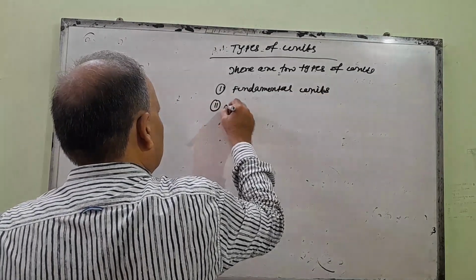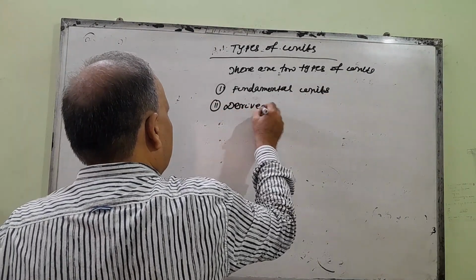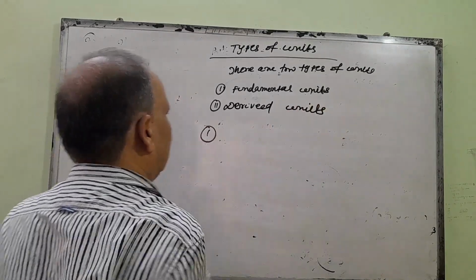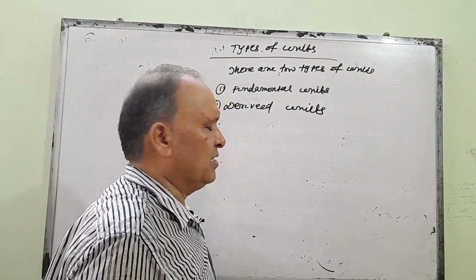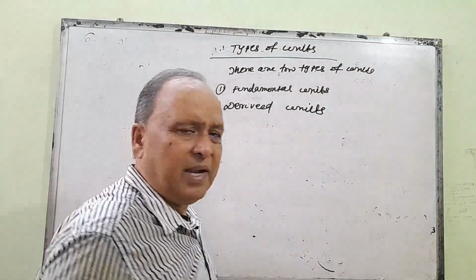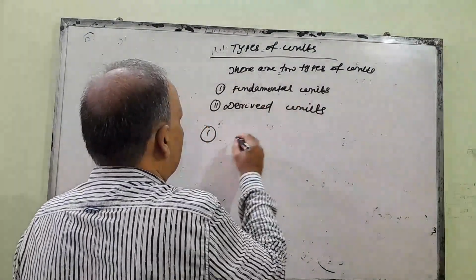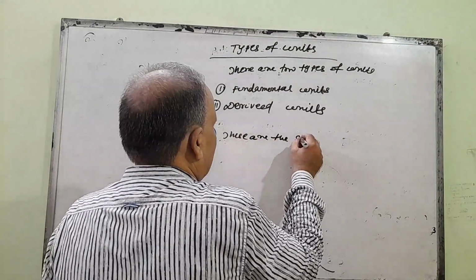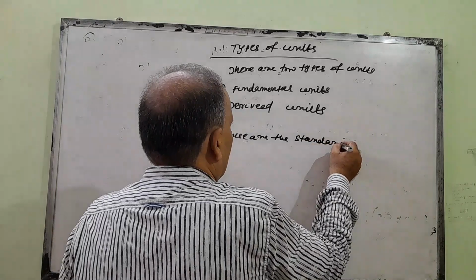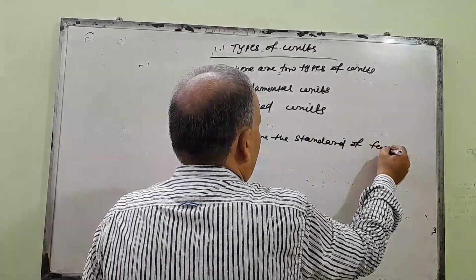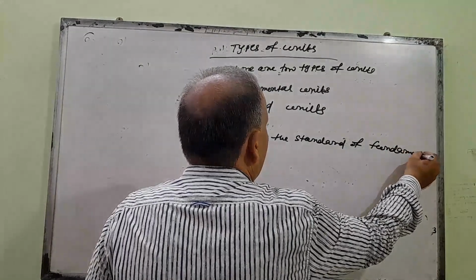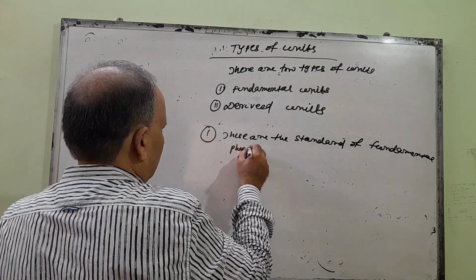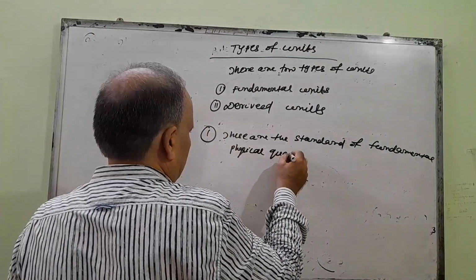Second one is your derived unit. What are fundamental units? These are the standards of fundamental physical quantities.